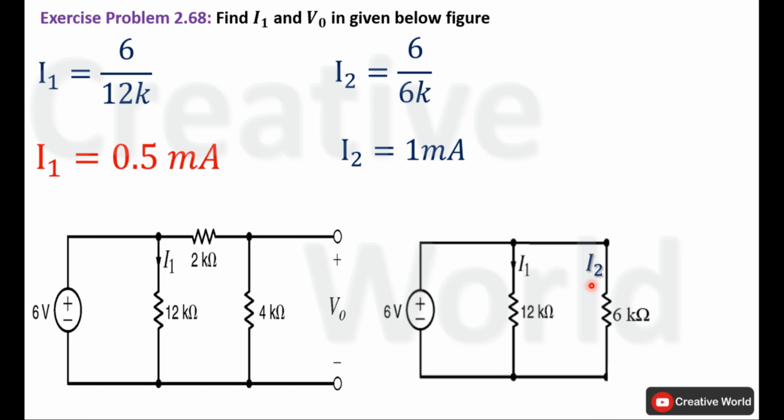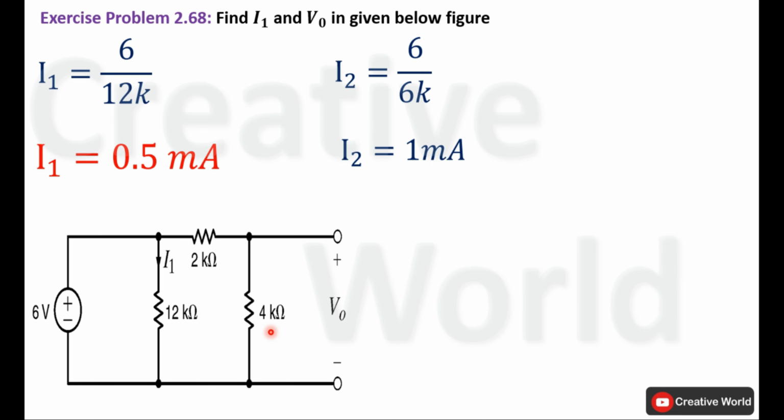We have calculated the value of current I2, that is 1 milliampere, and this same current will flow through both resistances because of the series connection. So we have current through this resistance, and the value of resistance is already provided. So we can calculate voltage across this resistance using Ohm's law.